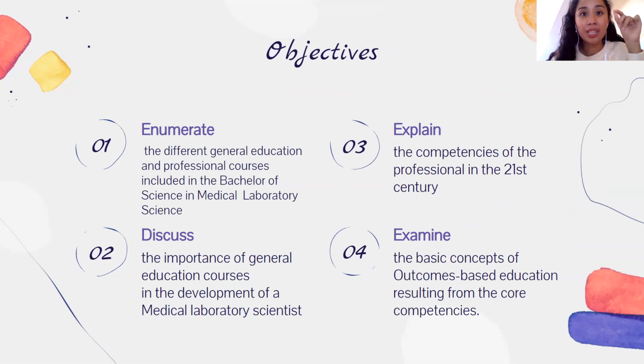What are the competencies that we will teach you, or that you have to imbibe before graduating from our program? And lastly, examine the basic concepts of outcomes-based education resulting from the core competencies.